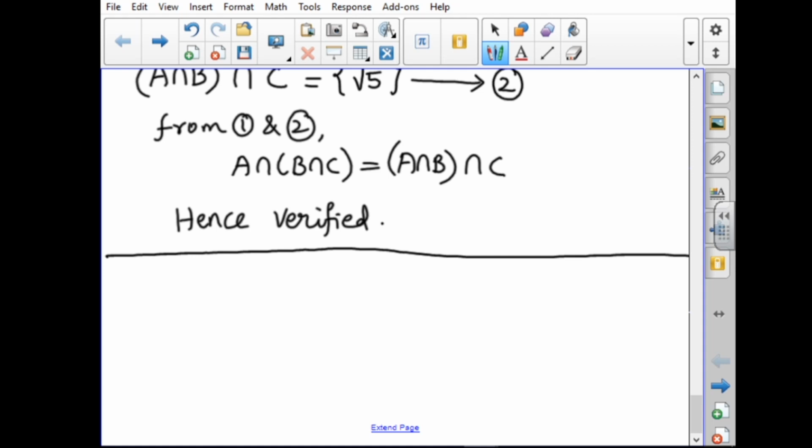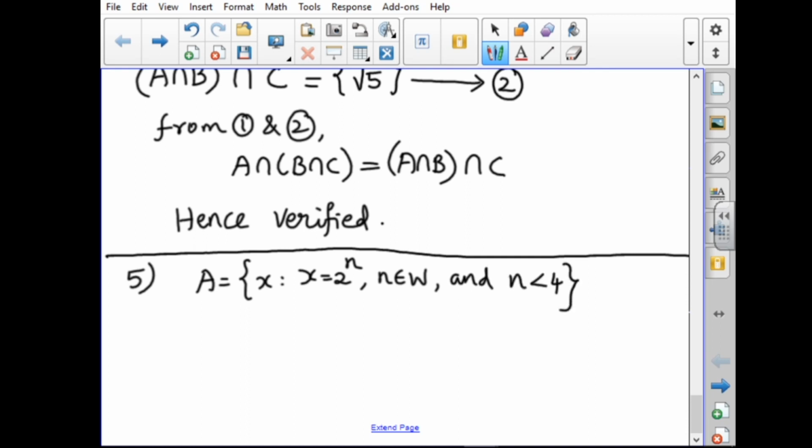Next, the last sum, question number 5. If A is equal to x such that x is equal to 2 power n, where n belongs to W, W means whole numbers, so started from 0, 1, 2, 3 etc., and n less than 4.